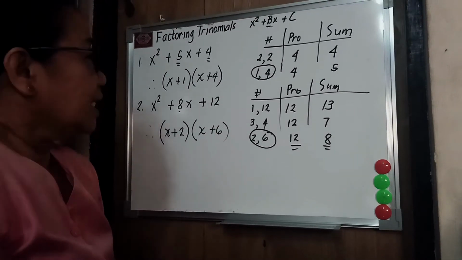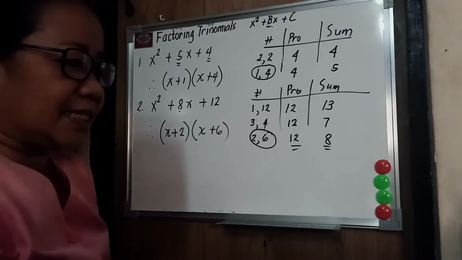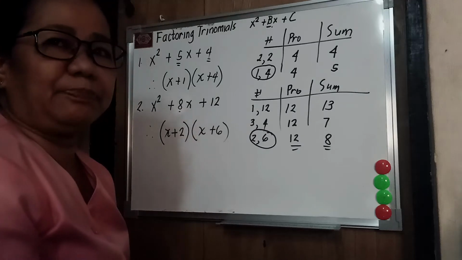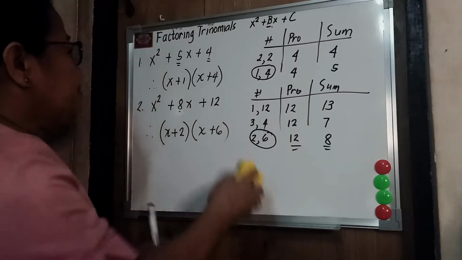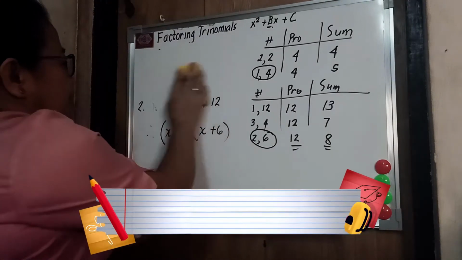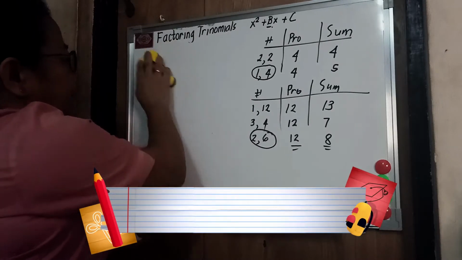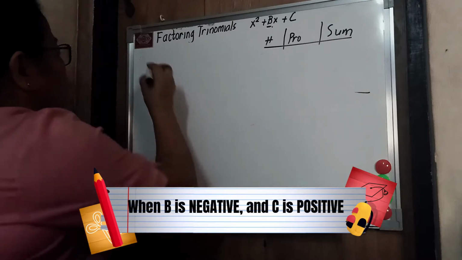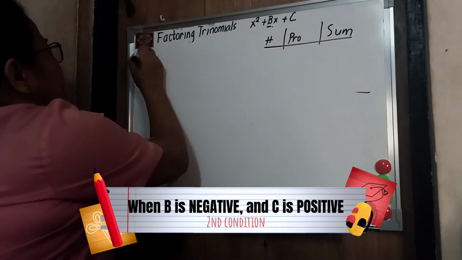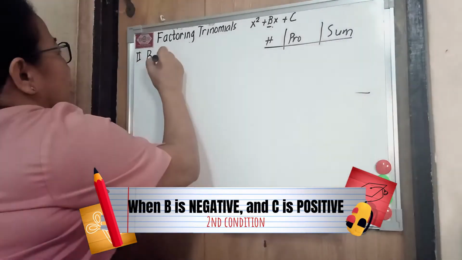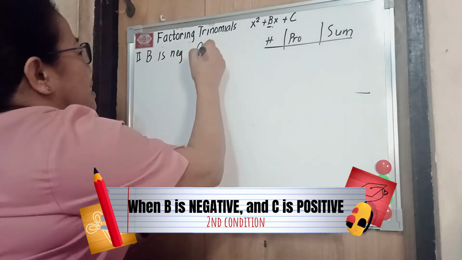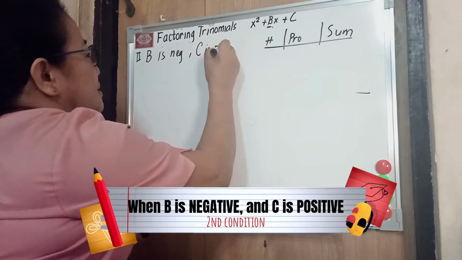Now, let us go to the second condition, when b is negative and c is positive. Again, condition number 2: b is negative and c is positive.